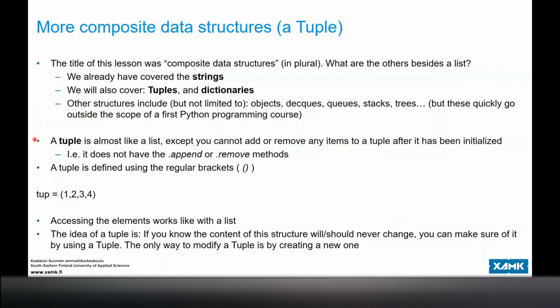So as an example of another composite data structure, a tuple is almost exactly like a list, except for one key difference. When using a tuple, you cannot add or remove items after it has been initialized. So a tuple is like a list, except it does not have the append or remove methods. A tuple is defined by using the regular brackets instead of square brackets. Otherwise, it works similarly to a list.